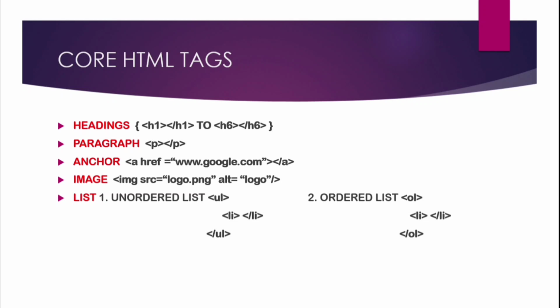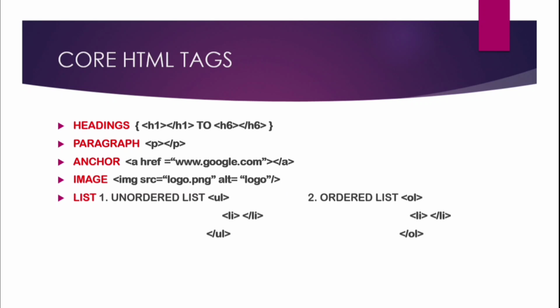Then we have the image tag, and you can see the image tag is a self-closing tag. The other tags, like the anchor tag, paragraph tag or heading tag, have both starting and ending tags. But the image tag is a self-closing tag, so an ending image tag will not be available here. And we have two attributes here.